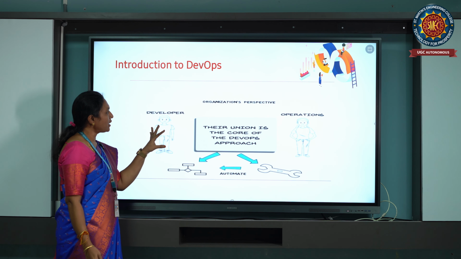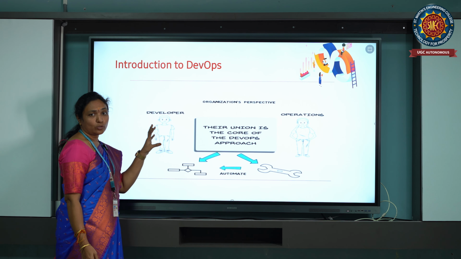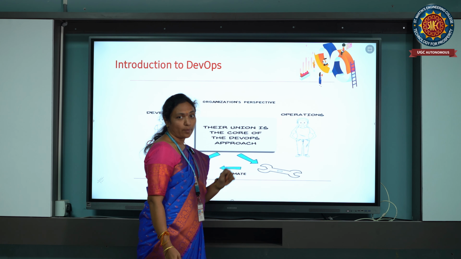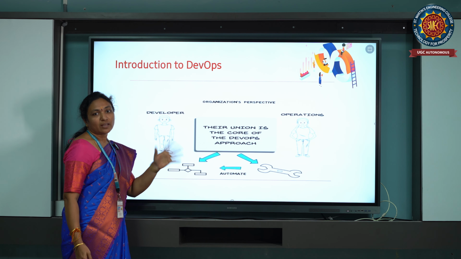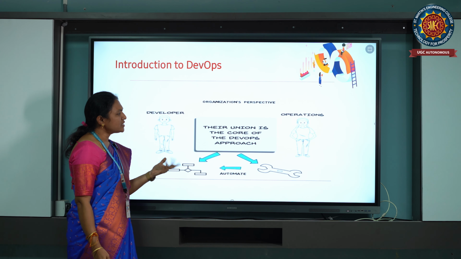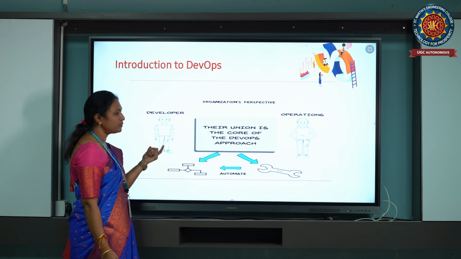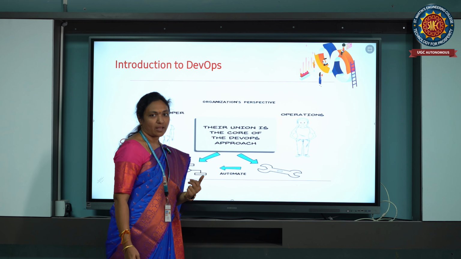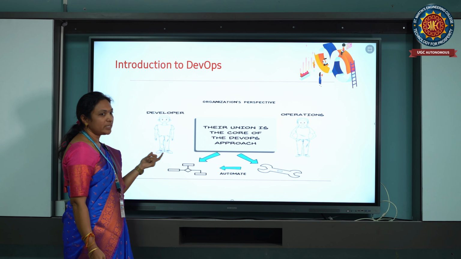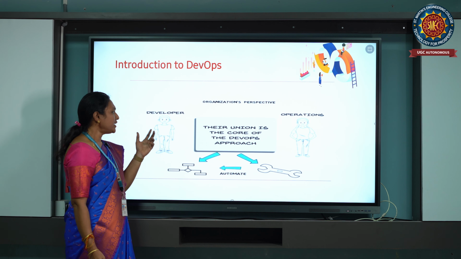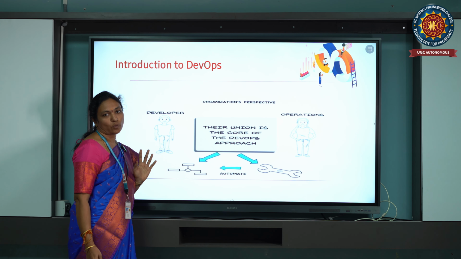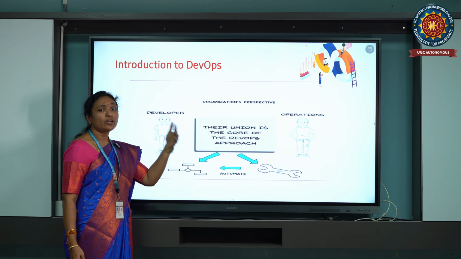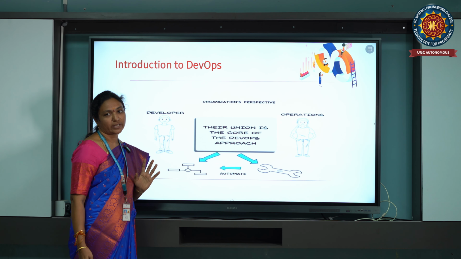The developer has developed a good robot, but when you give the same robot to the operations team, it is not working. So what is the problem here? He developed the robot in the room and she is testing it in the outer area. Developed in the room, it is perfectly fine and working, but when it is given to the operations team, the environment is different, so it is not working there.